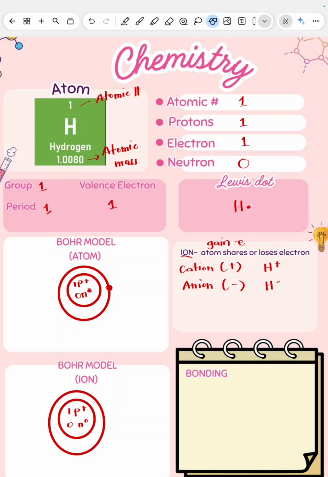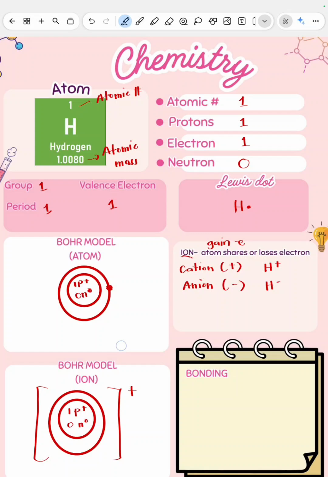Next, remember, it shares or loses an electron. So, since the electron is 1 here and it is lost, in the Bohr model of the ion we will not be writing a dot anymore. And then it will be represented like this. And remember, it becomes positive. So it will be like this.